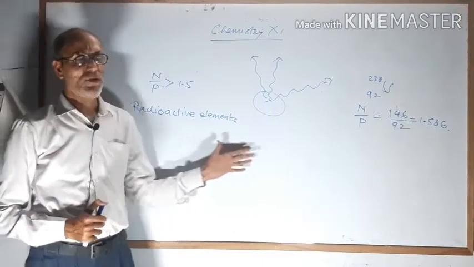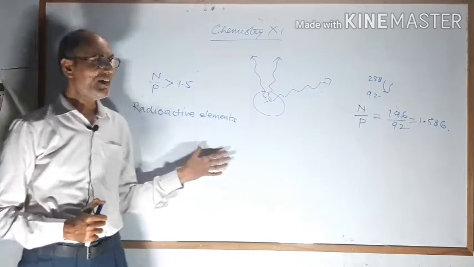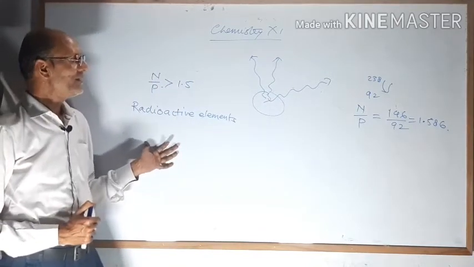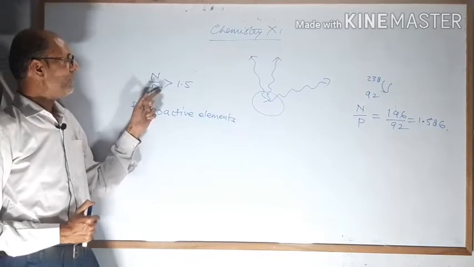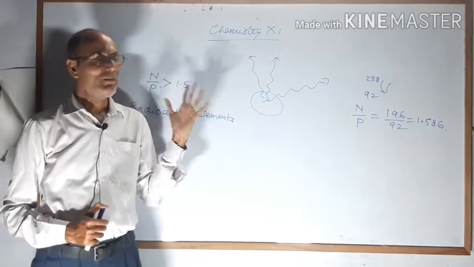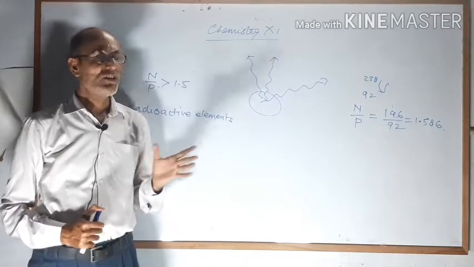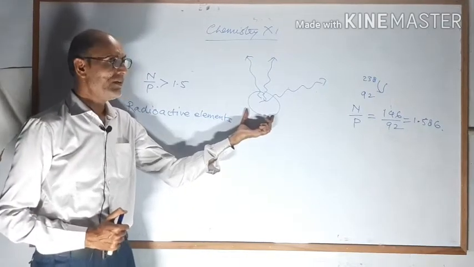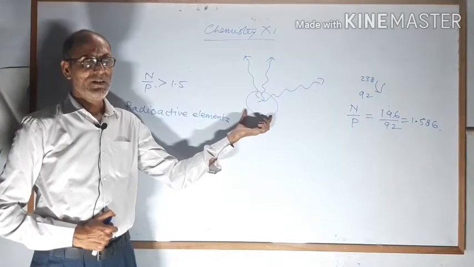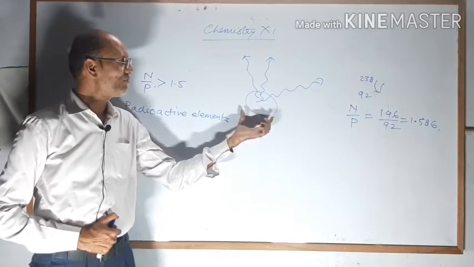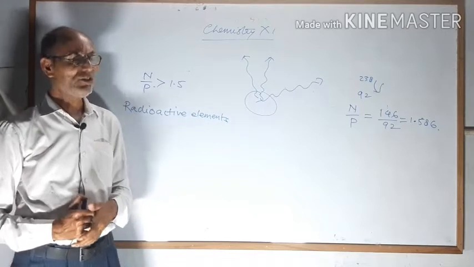So I'm coming to the point, that is what is radioactivity and what is radioactive radiation. The heavy nucleus whose ratio is above 1.5 emits 3 types of radiation from the nucleus of the atom, called radioactive radiation, and this phenomenon of the substance will be called radioactivity.